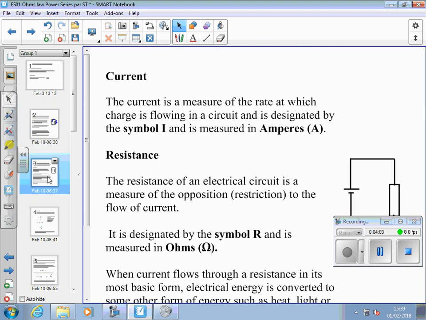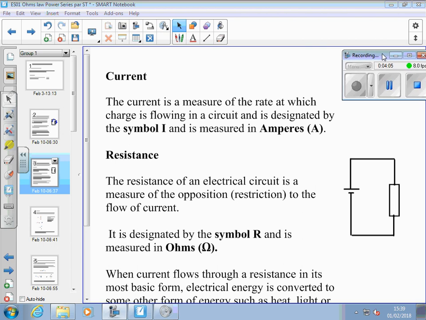Current. The term current is a measure of the rate at which charge is flowing in a circuit, designated by the symbol I, measured in amperes. Not amperages, amperes. Amps for short.